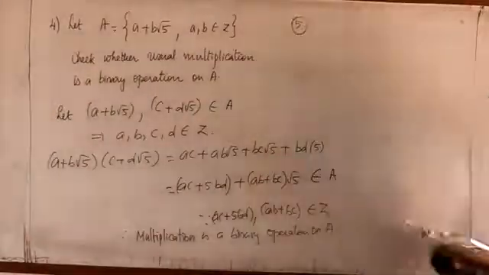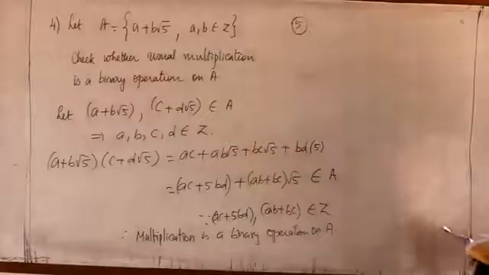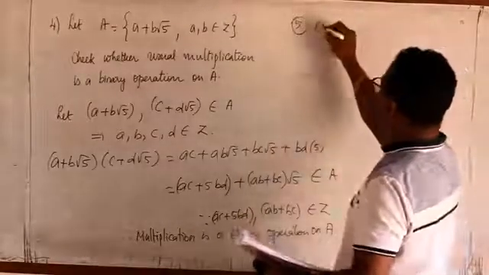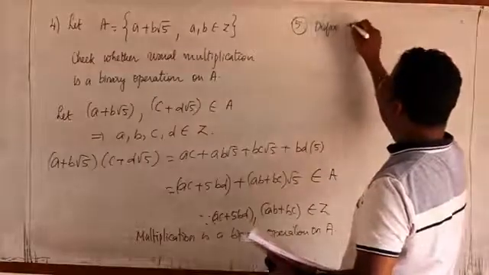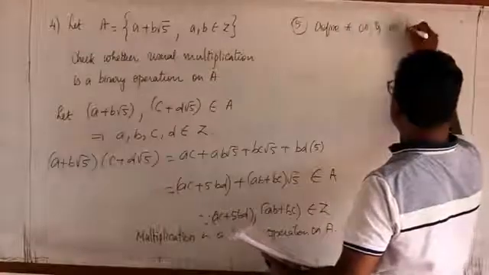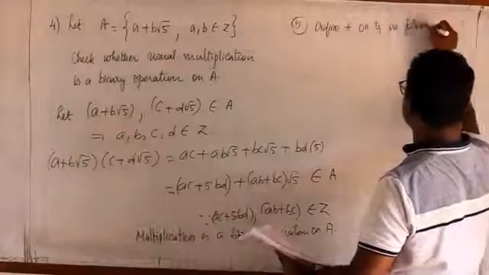They are asking us to define again closure law, commutative law and associative property. They defined one operation: define star on Q as follows. What is that?